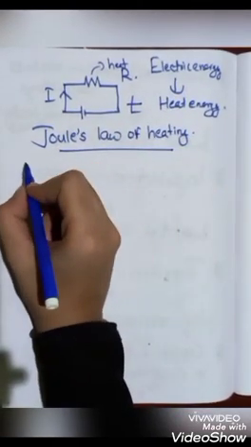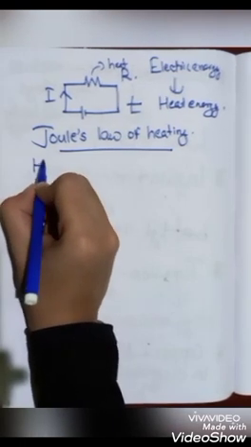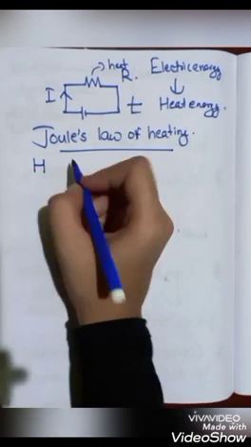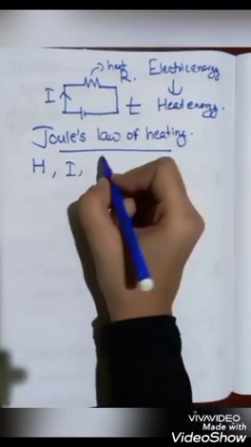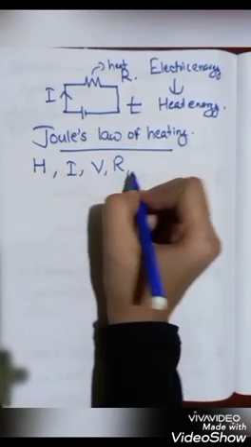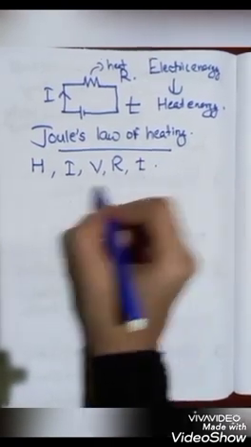Here suppose the amount of heat produced is H, the current is I, the potential difference is V, the resistance is R and the time is t.